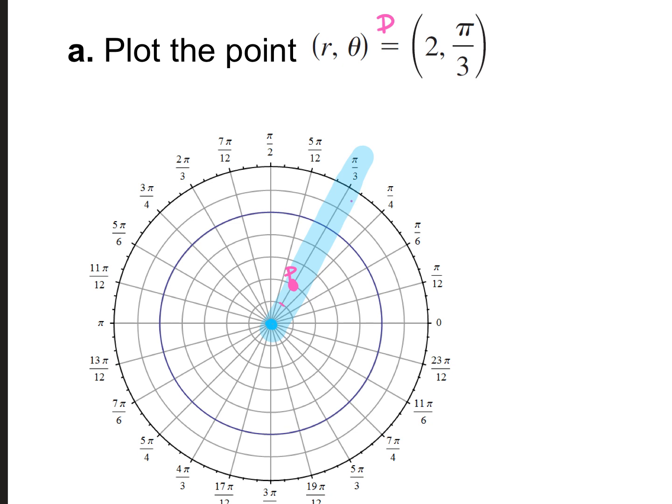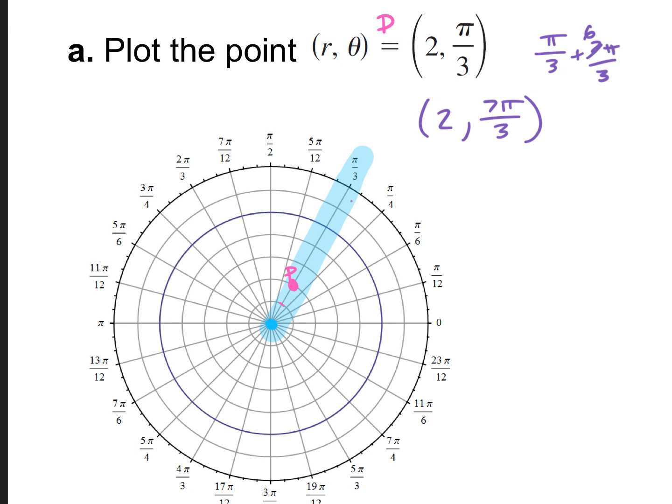So we could say pi over 3 plus 2 pi. So it could be 2 comma, what would pi over 3 plus 2 pi be? We need a common denominator. We would make this 6, so 7 pi over 3. So these are the same.